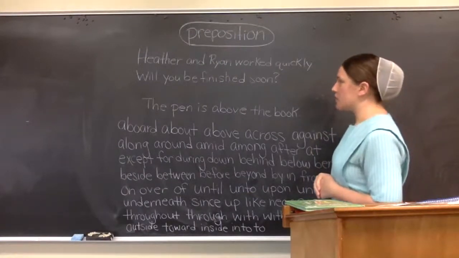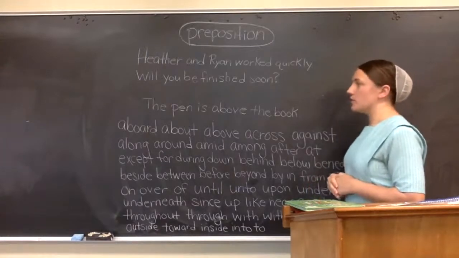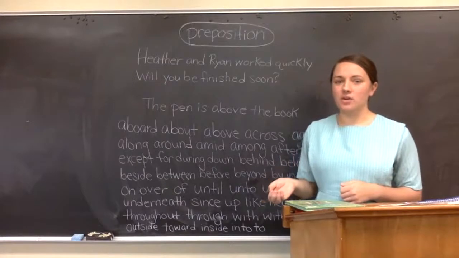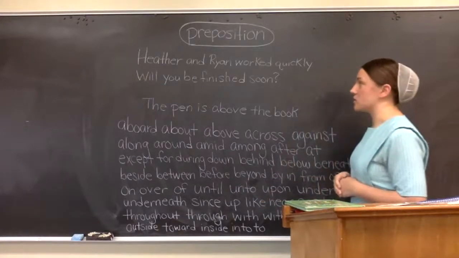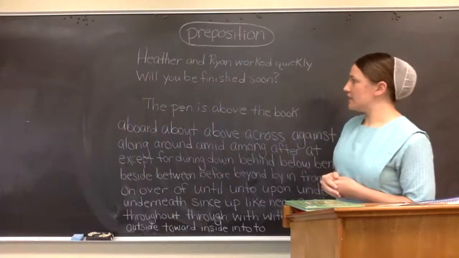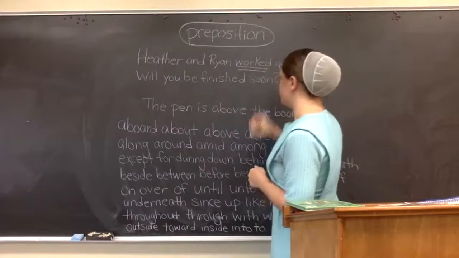So the first sentence, we have Heather and Brian worked quickly. Now, the first thing we want to do is figure out what our verb is. What is our verb in the first sentence? What action is being done in this sentence? Our action is worked.